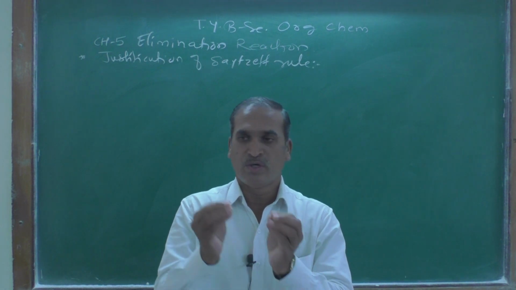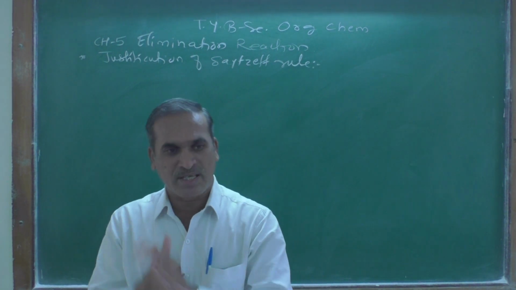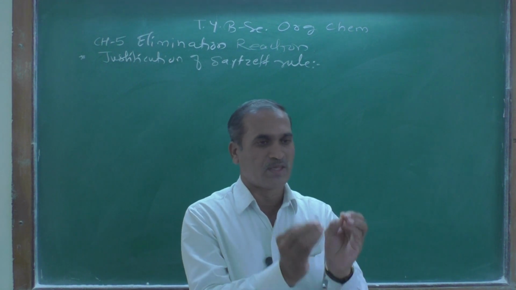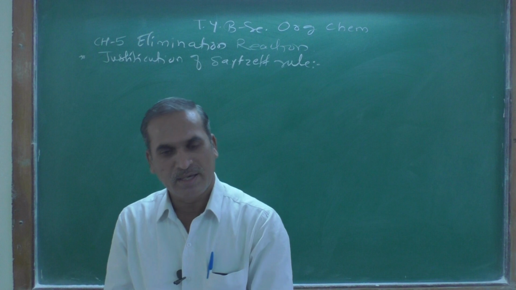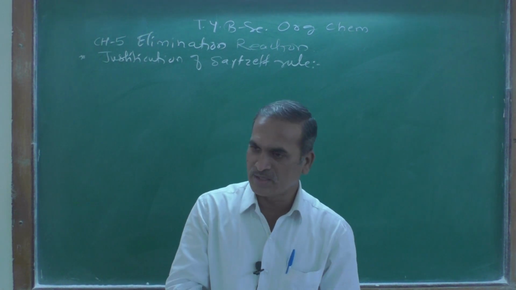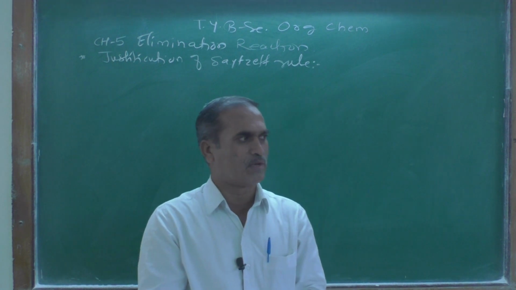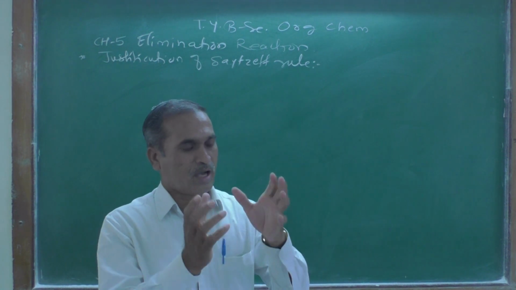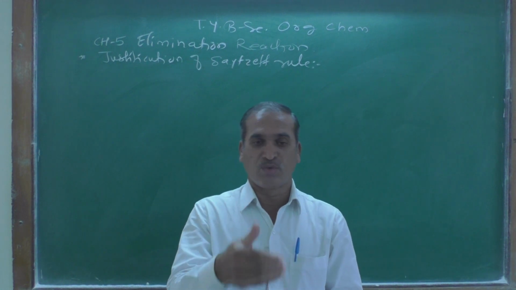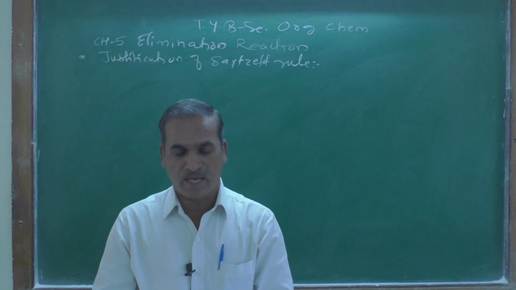Whether the E2 reaction rate is increasing or decreasing, that also we have learned with the help of a suitable example. And the third one is the absence of hydrogen exchange. That also we have learned with the help of a suitable example.